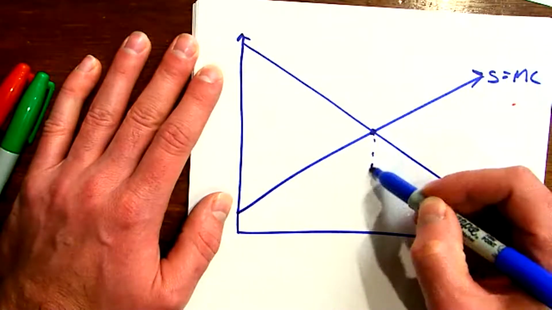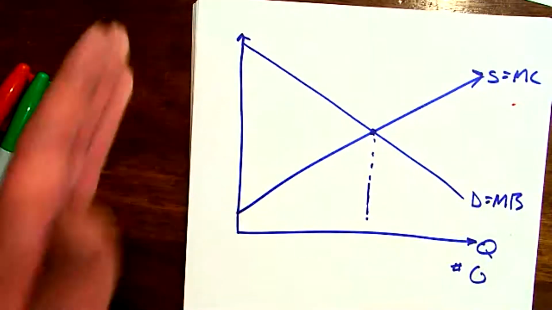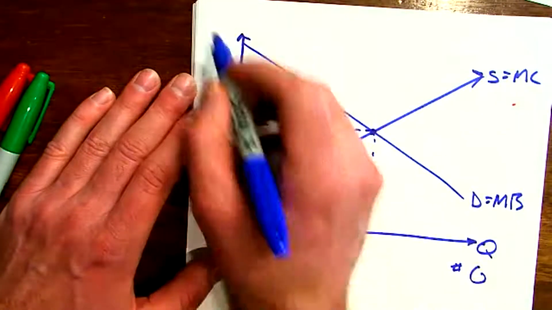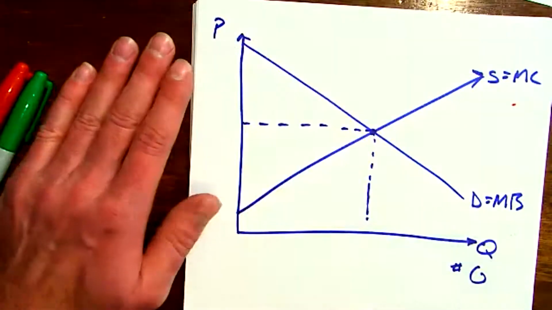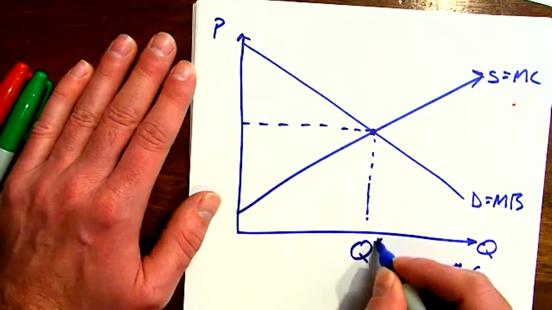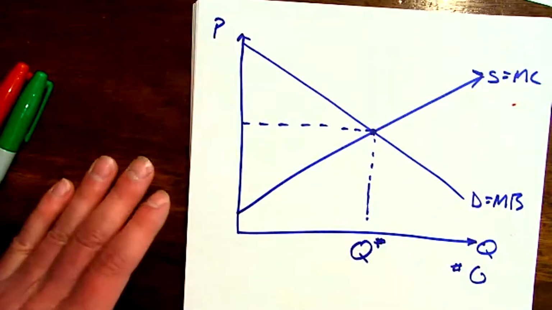So with no influence at all, the market arrives at this equilibrium price per game, but also this equilibrium quantity of games, right?